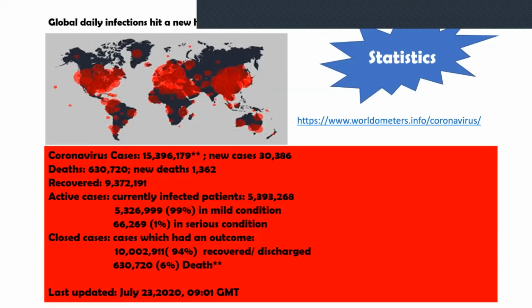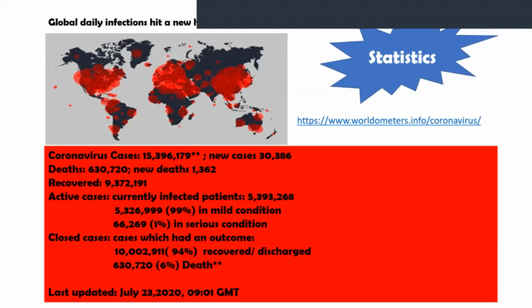And the dead is more than 330,000. On the active cases, currently infected patients are more than 5.3 million, and 99% of these are in mild condition, with only one percent in serious condition.